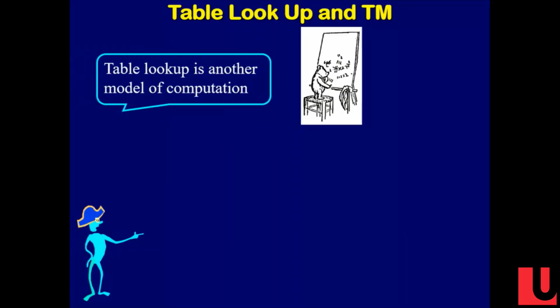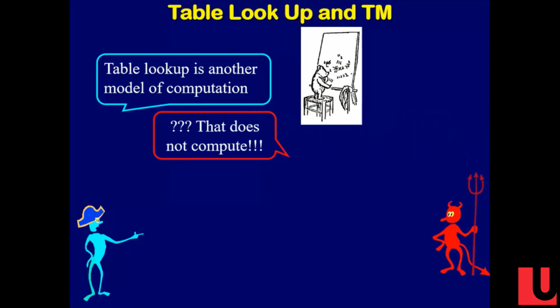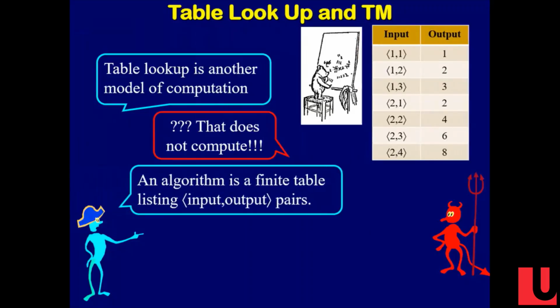Here's our model of computation. It's going to be a table lookup. And what does that mean? Doesn't feel like computation, table lookup. But let's think about how we're going to use it. Remember, what is a model of computation? It tells you what a legal algorithm is. And what is a legal algorithm?